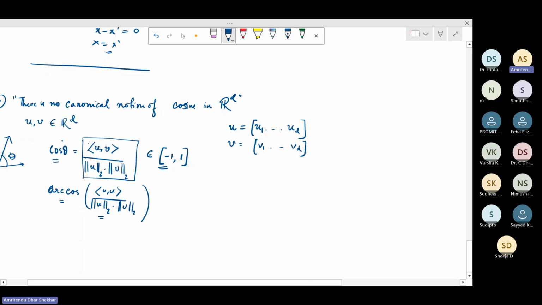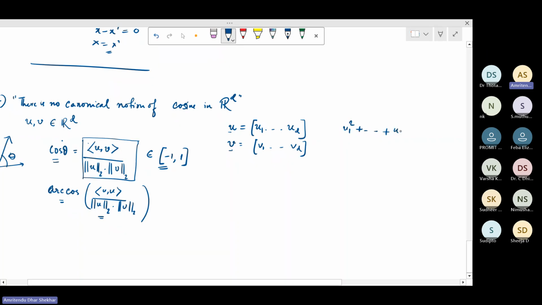Now essentially solving for the range of this is equivalent to assuming that u and v are unit vectors. So you have u1 squared up to ud squared equal to 1, and v1 squared up to vd squared equal to 1. Now you have to compute the range of this expression, u1 v1.